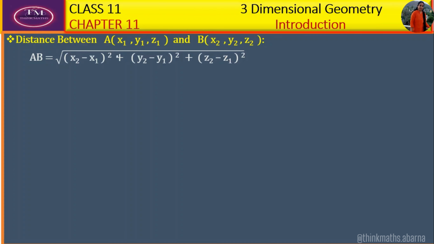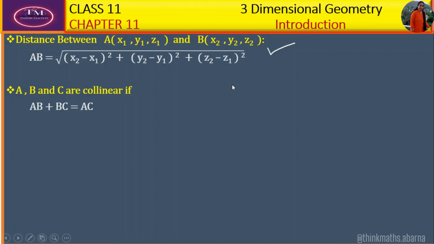Then the distance AB is given by the square root of (x2 minus x1) whole square plus (y2 minus y1) whole square plus (z2 minus z1) whole square. It is the same formula as in coordinate geometry which you studied in 10th standard. The extra thing is you have to add (z2 minus z1) whole square for three-dimensional geometry. So this is the first formula.